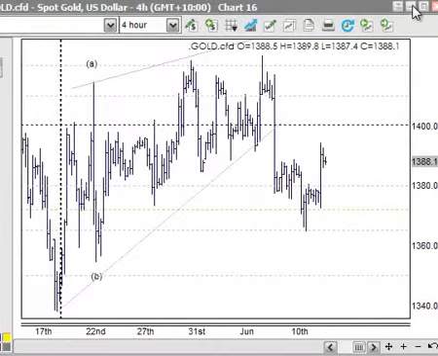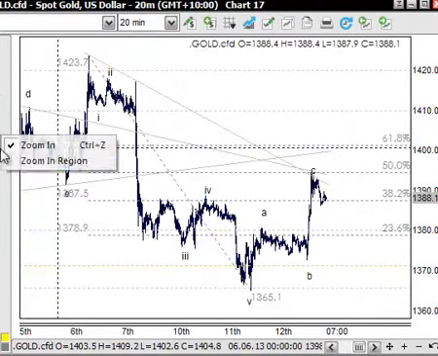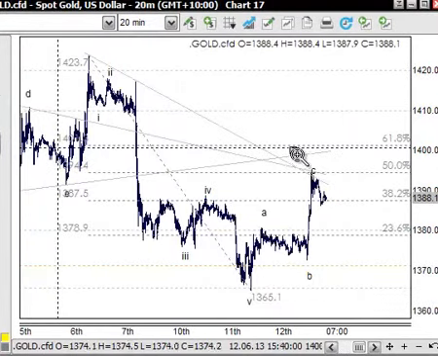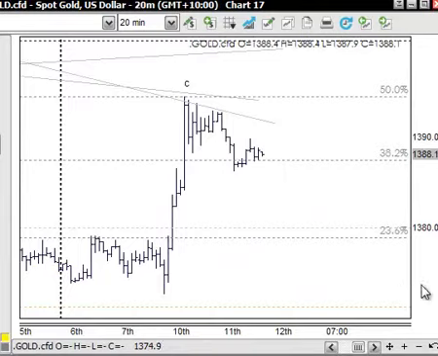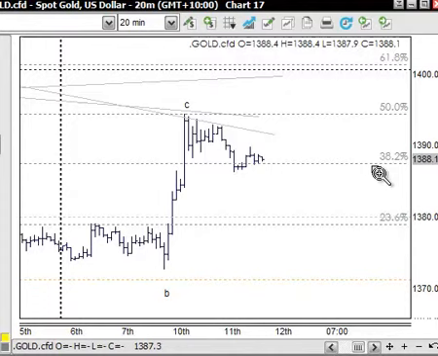Have I got that on a closer, smaller scale? No, we'll just have to work with this for the time being. So this little move up through here, if it gains support, that's part of that.